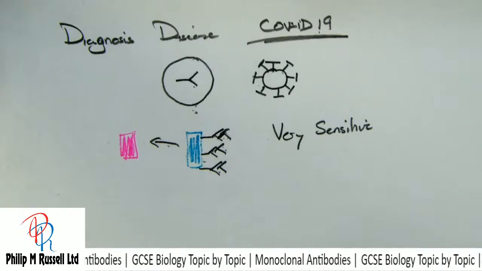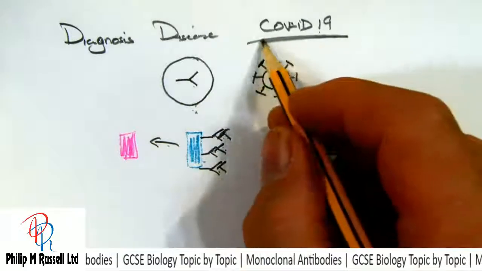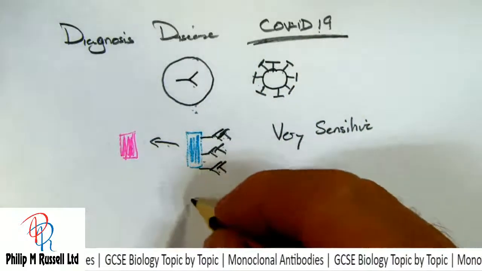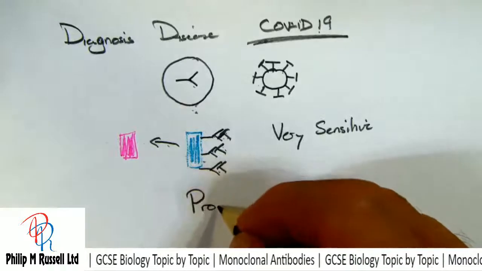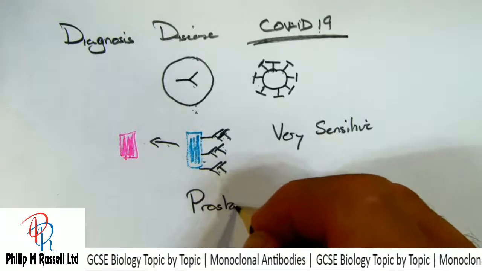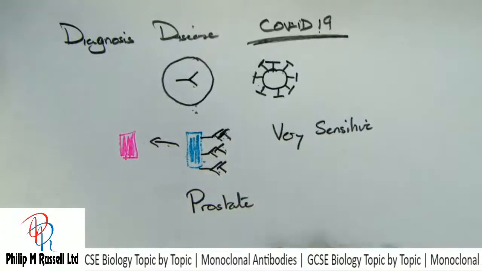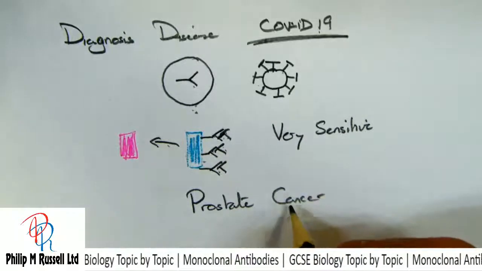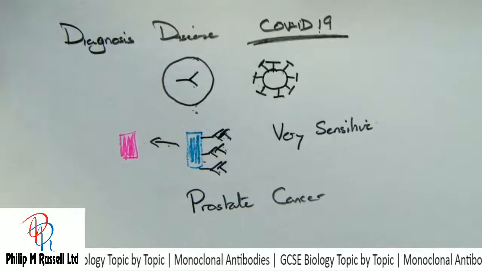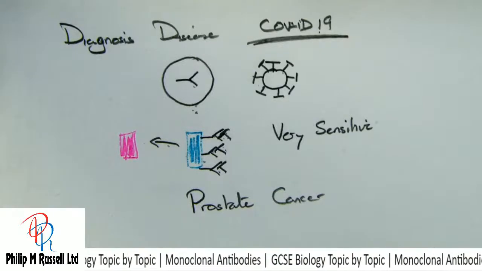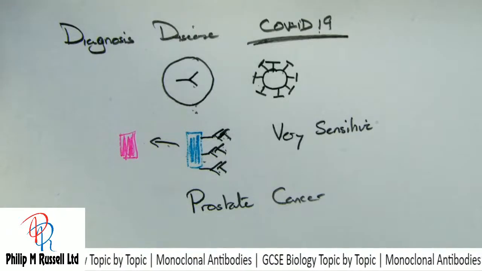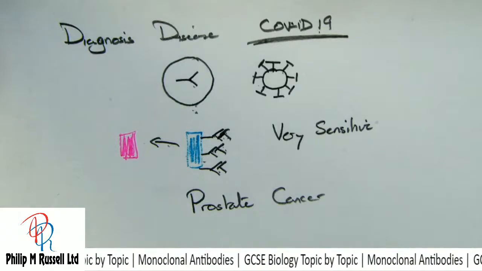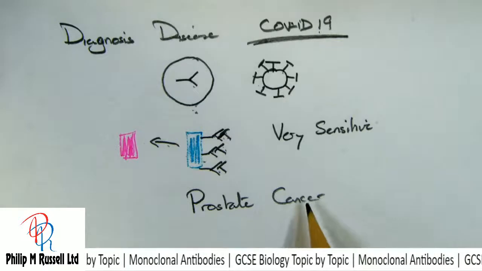One of the other uses of this is for men with things like prostate cancer. If a man's got prostate cancer, prostate gland, very hard to sort of spot because it's inside the body, very hard to try and work out if something's gone wrong with it.